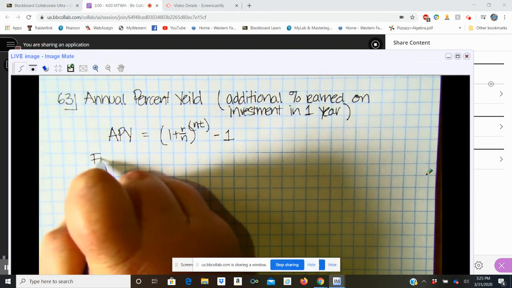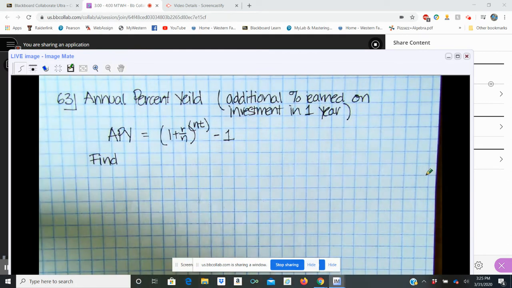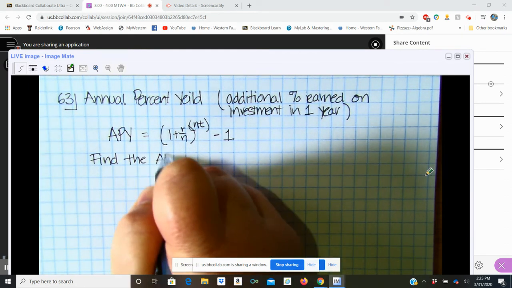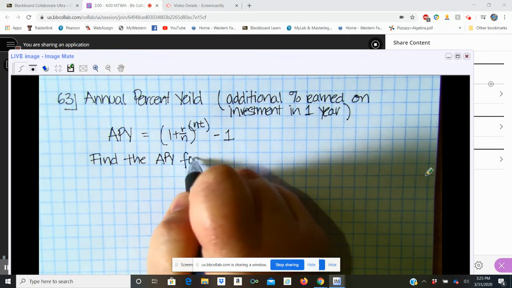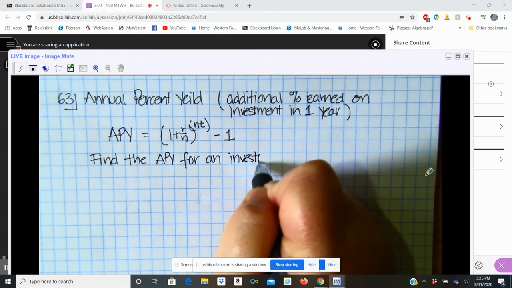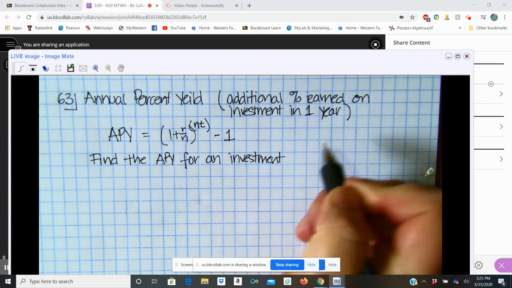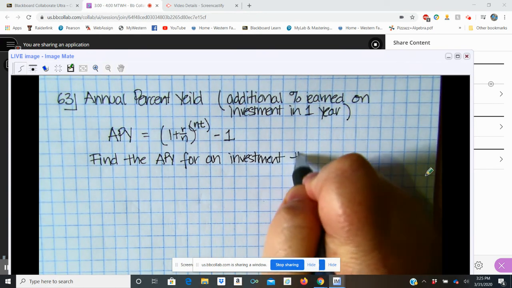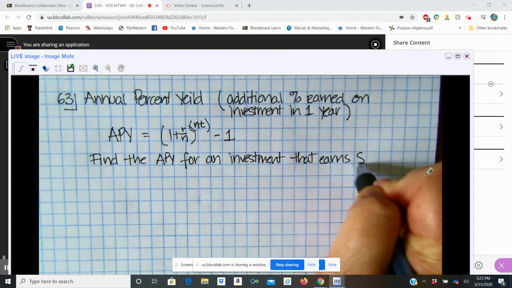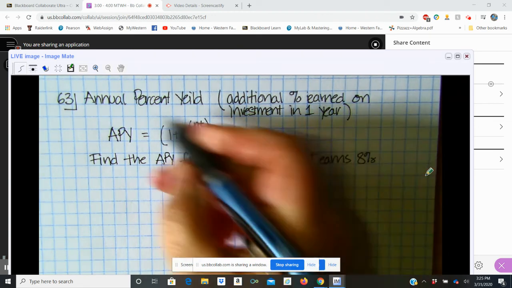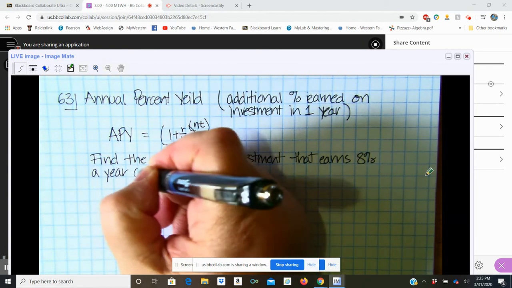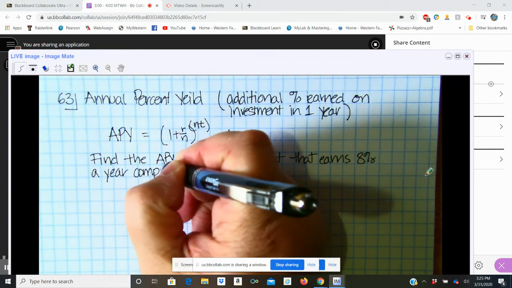So if you are asked to find the APY for an investment that earns 8% a year, compounded monthly.